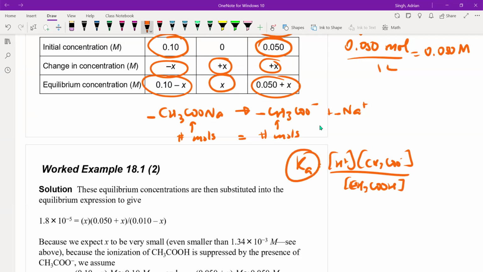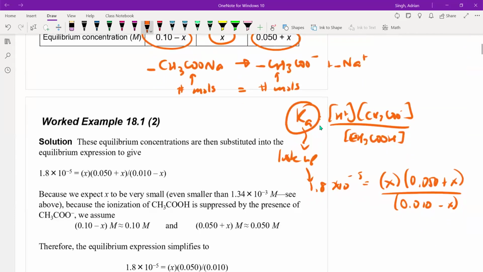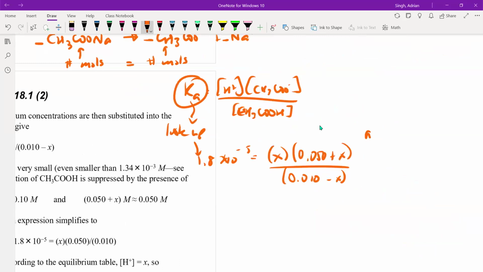Okay, so we know what the Ka is. We can look that up. Right, that is 1.8 times 10 to the minus 5. And that is equal to now the H plus concentration, which is X, times the CH3COO minus, which is 0.050 plus X, and that's divided by the acetic acid, 0.10 minus X. Okay, so we're going to make our assumption, assume X is small, and we're going to check that assumption at the end as well, which you should always do.